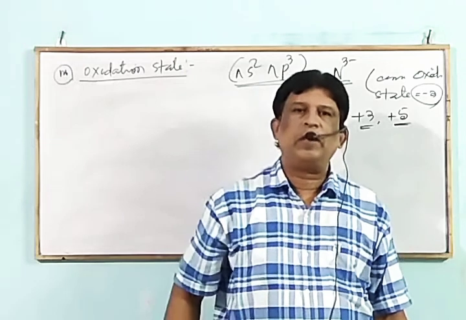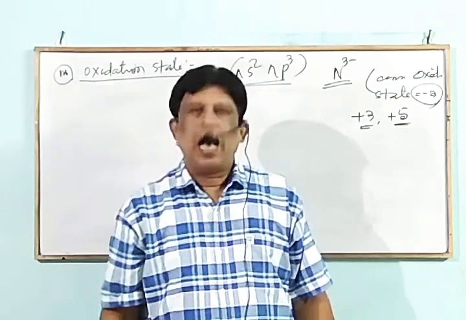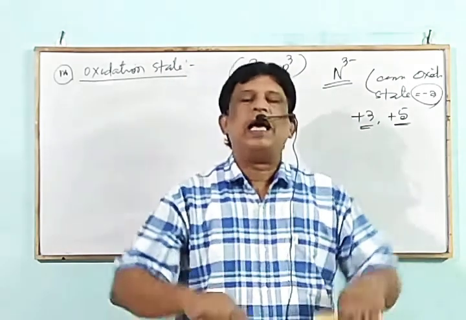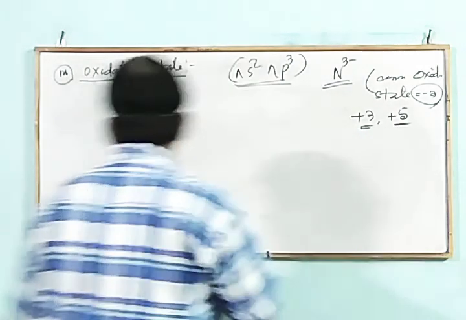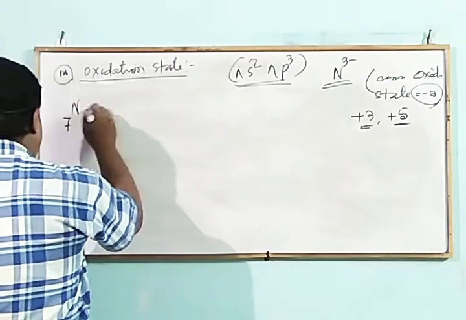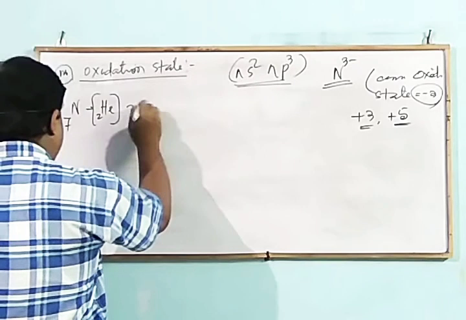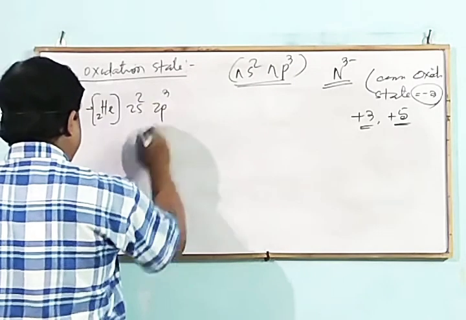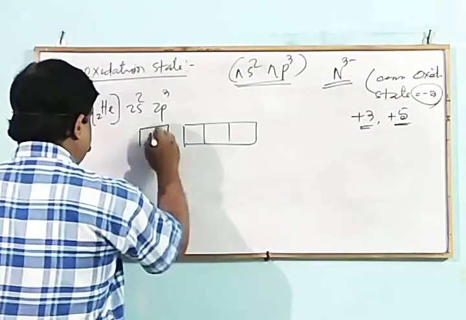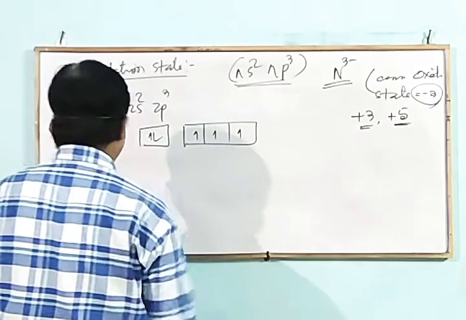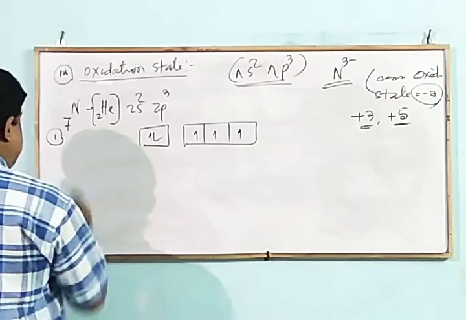Nitrogen does not exhibit a positive oxidation state normally due to the absence of a vacant d orbital. Excitation is not possible. Mark the box-like diagram. Nitrogen is helium 2s2 2p3.